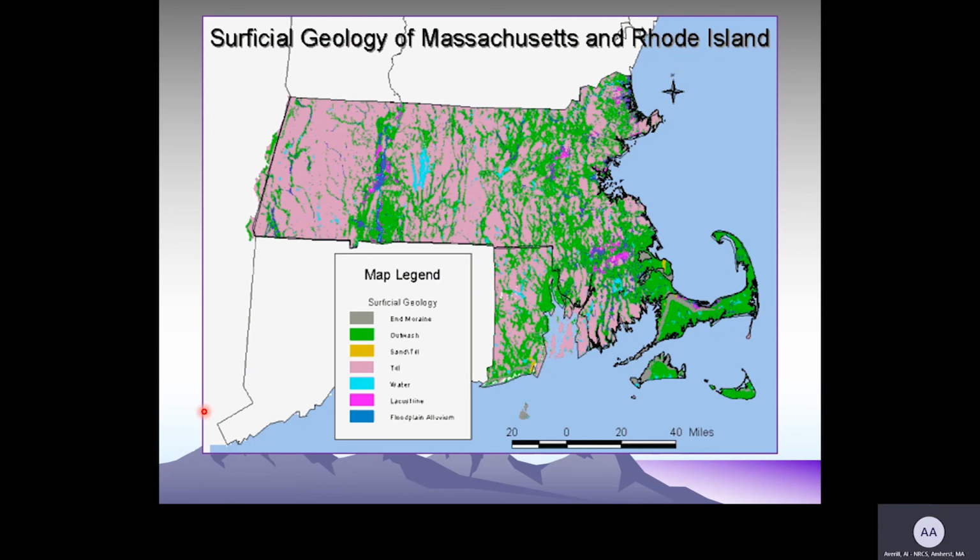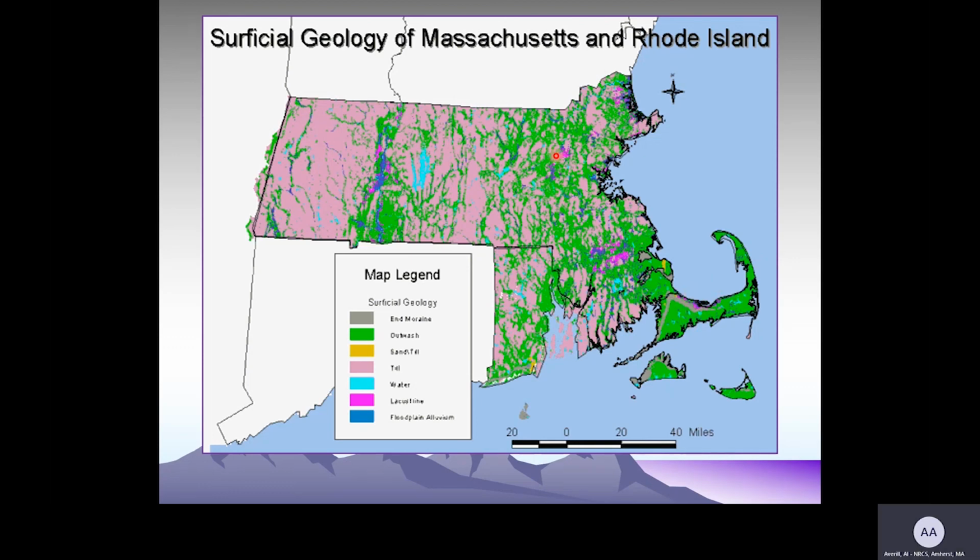So if you look at this map, you might see that this magenta pinkish color is the predominant superficial deposition in the state of Massachusetts. And you can see that that's till. The green is the outwash or glacial fluvial, and that falls along major rivers, right? That sort of makes sense, doesn't it? Major rivers and outwash plains like the Cape.